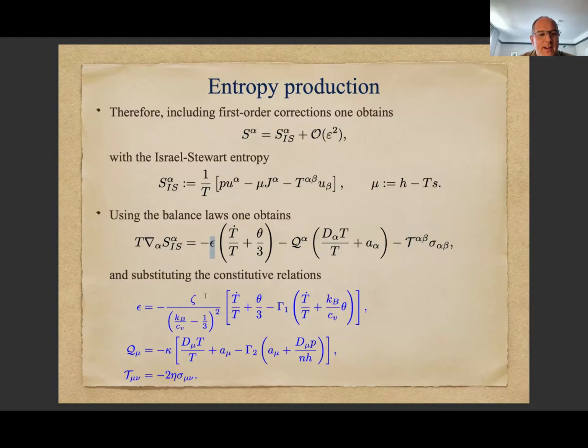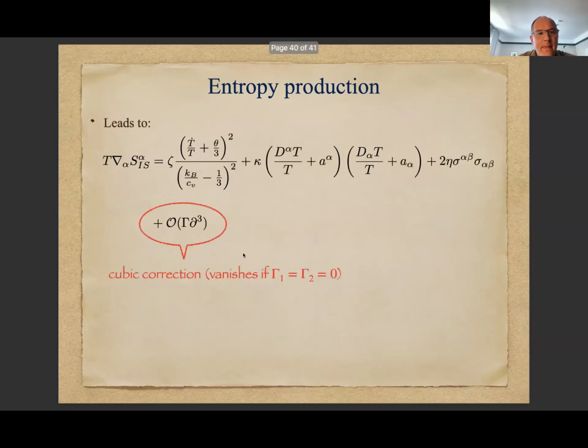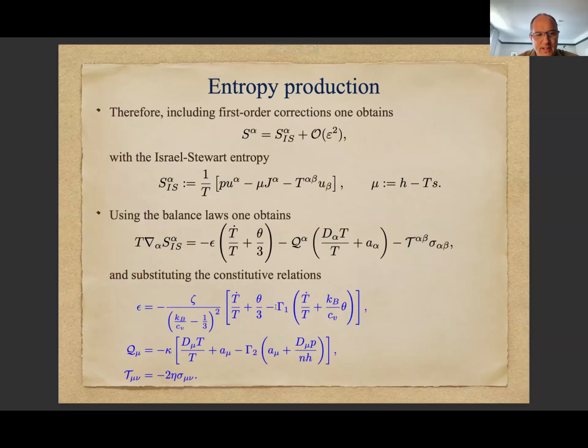But now you have to plug in the constitutive relations, so you have epsilon, q, and tau. If you do this, you see that the terms that don't have the gamma are exactly the same combinations that appear here. This one corresponds to this here, and this one to this here.